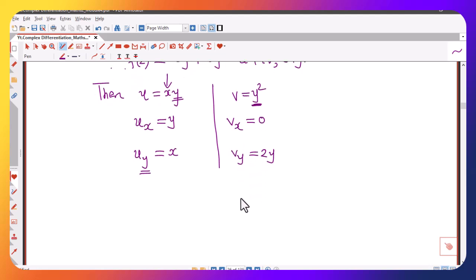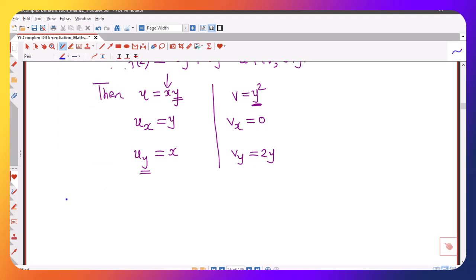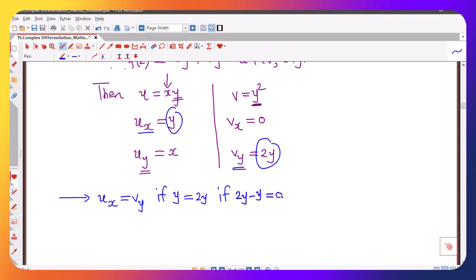Next step is we will check the points at which Cauchy-Riemann equations are satisfied. First equation is del u by del x equal to del v by del y. Del u by del x is y and del v by del y is 2y, and this is true if 2y minus y equal to 0, that is if y equal to 0.